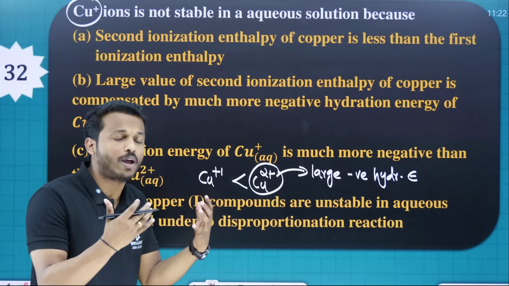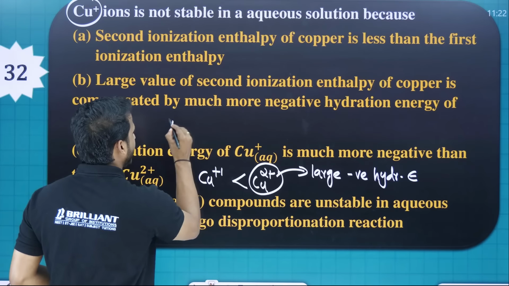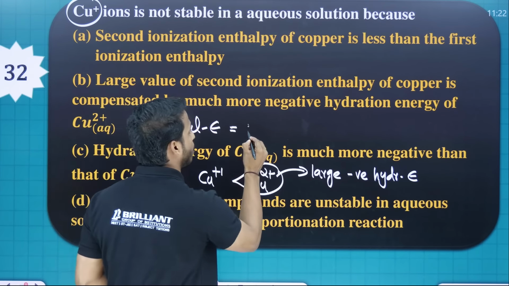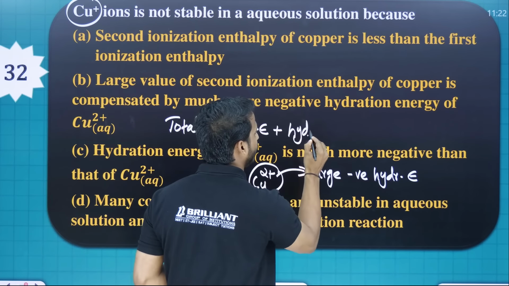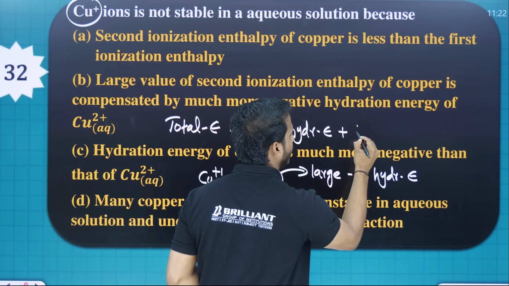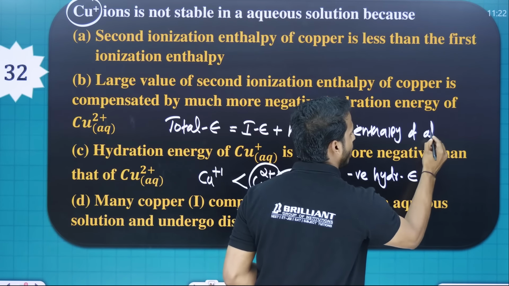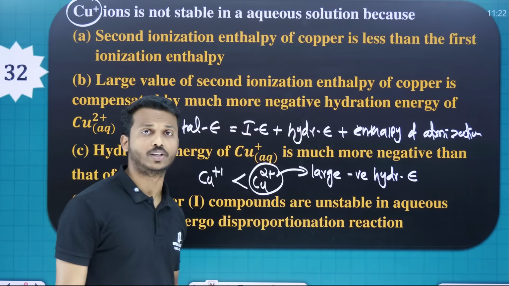You know, when we can say that an oxidation state is stable, that depends on total energy. The total energy is the sum of ionization energy, hydration enthalpy, and enthalpy of atomization. The sum of these three energies is called the total energy.